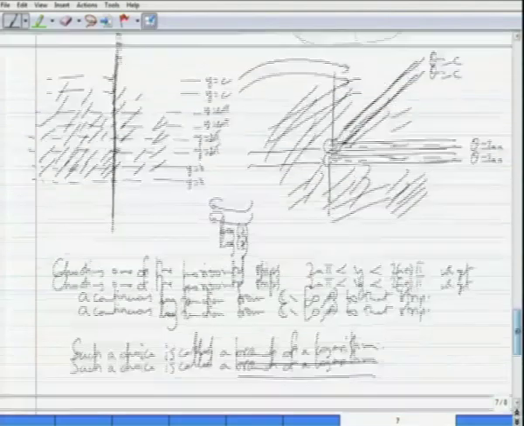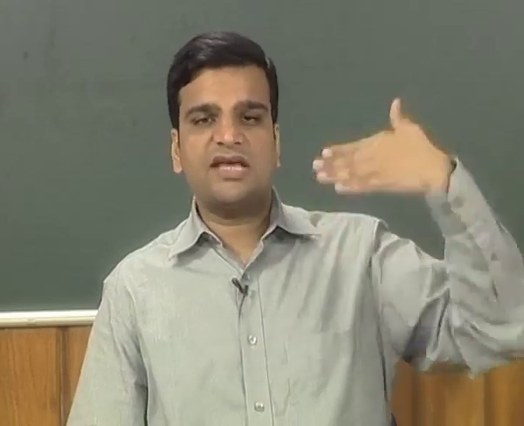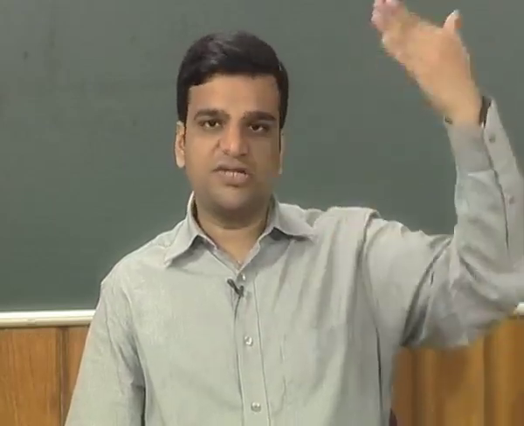Once again there are two choices involved. First is the selection of this half ray. I could have chosen the 45-degree line or any theta equals c half ray. And that would have given me a corresponding cutting of the complex plane here in the domain of e power z into stacks of horizontal strips.